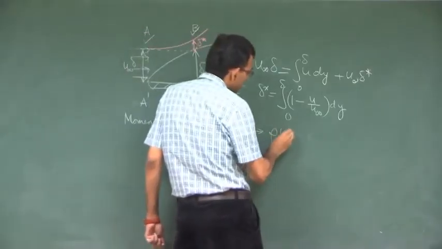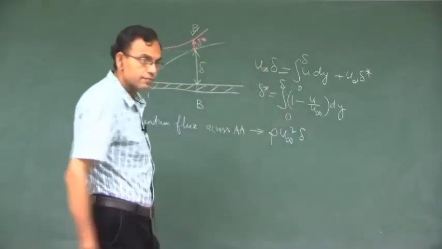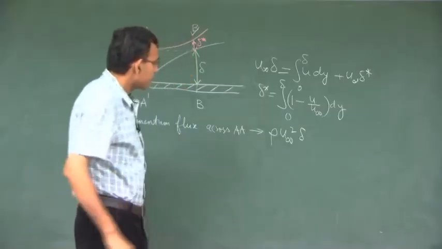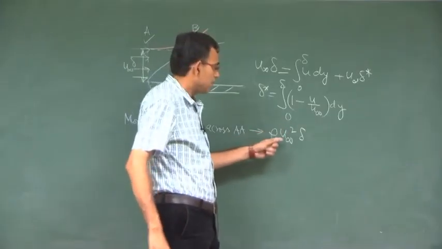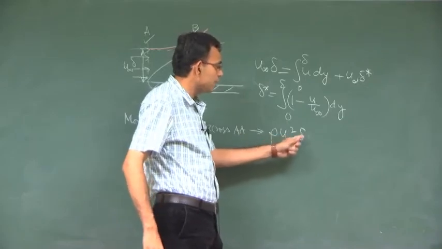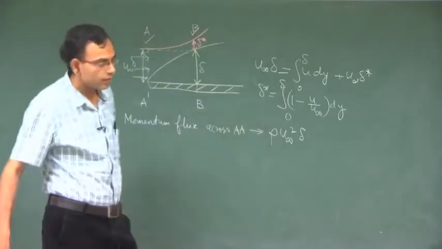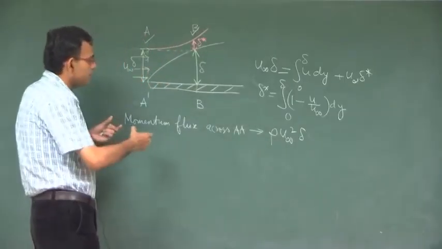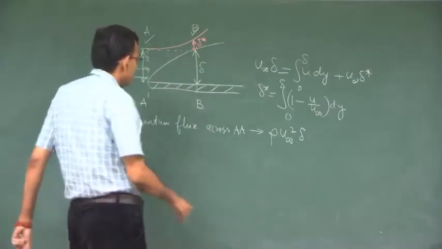It is rho u infinity square delta into the width, right. Plus or minus we will adjust it, all are in the same direction.